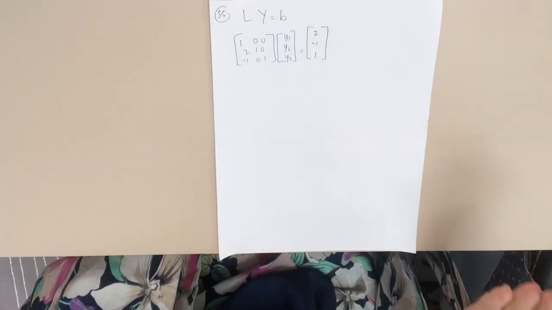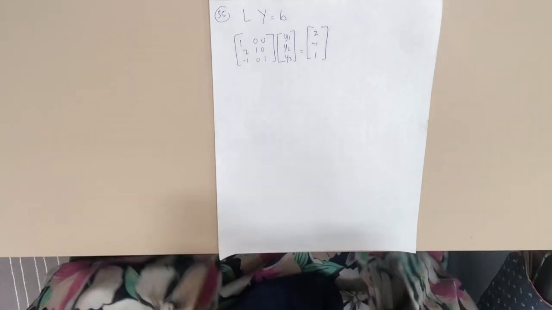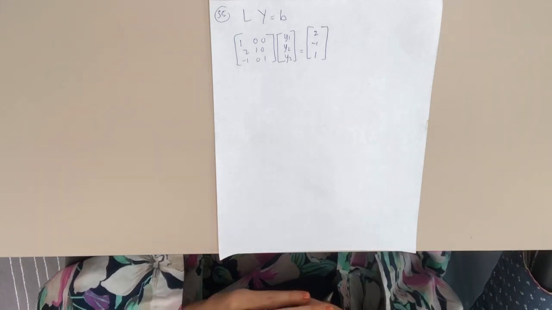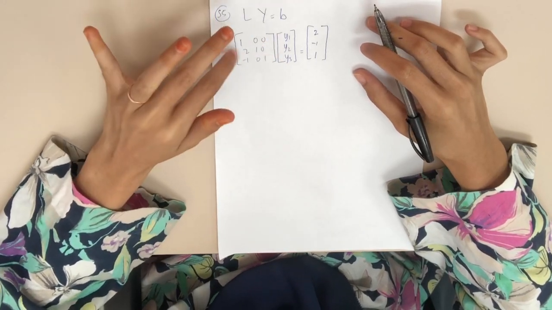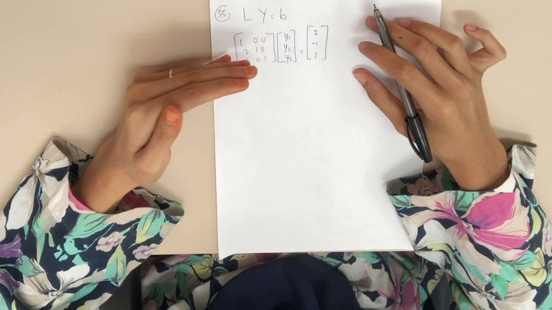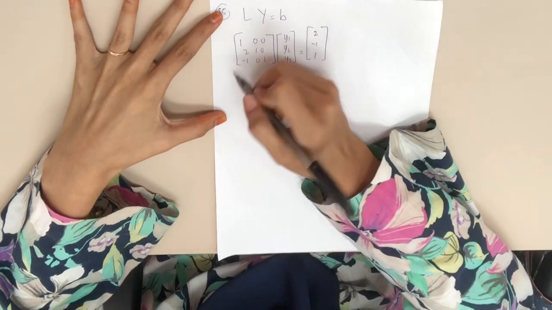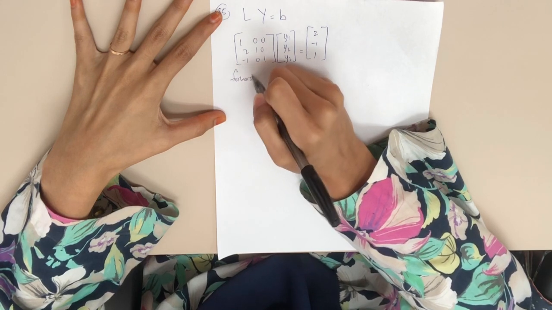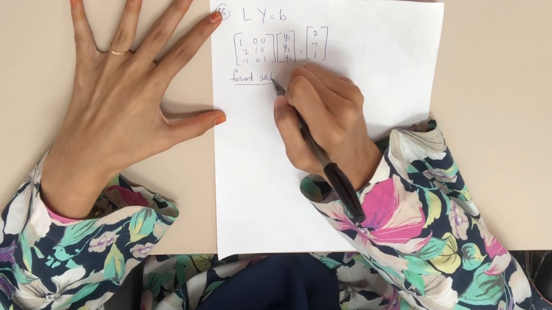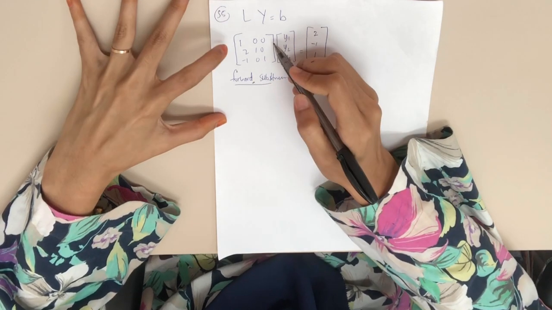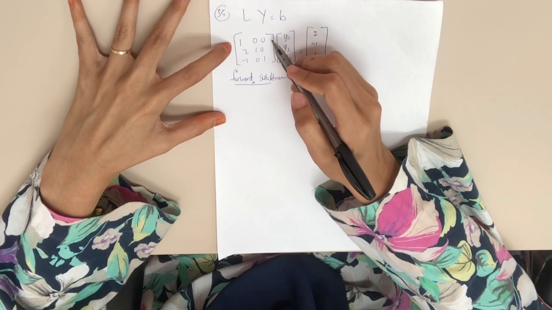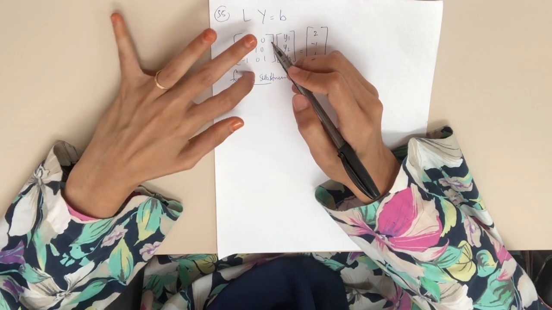Just now I showed you how to solve using backward, because we chose the last row first, since the last row was easy, it had zeros. Now you can see that in matrix L, the 0, 0 are in the first row. Therefore, we will solve it using forward substitution. The keyword here is forward substitution. So you will start with row 1, instead of row 3. For backward, we start with the last row.